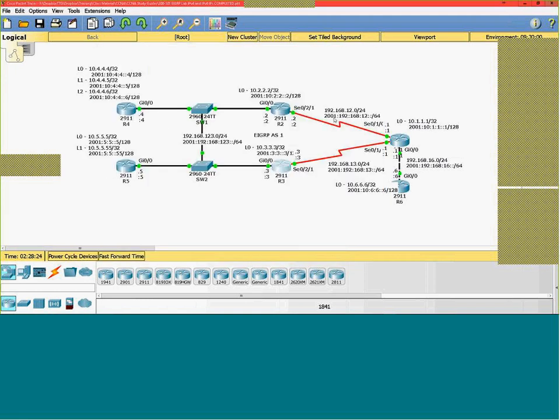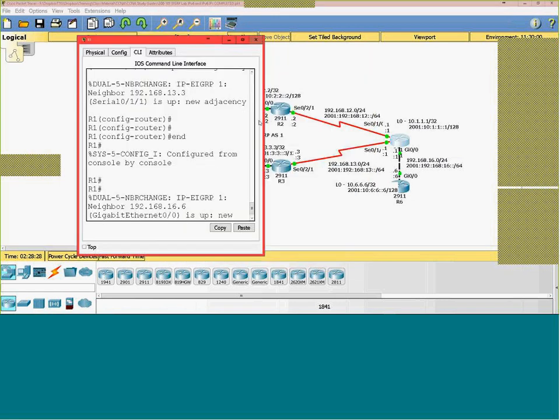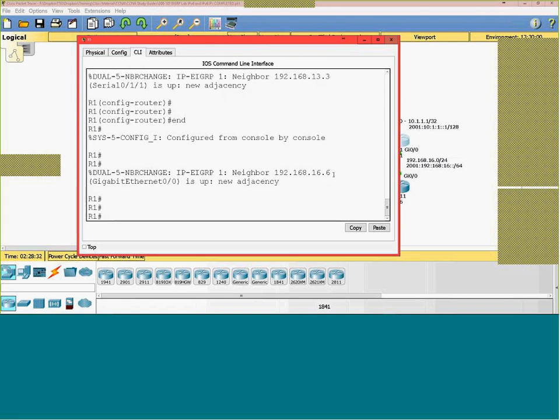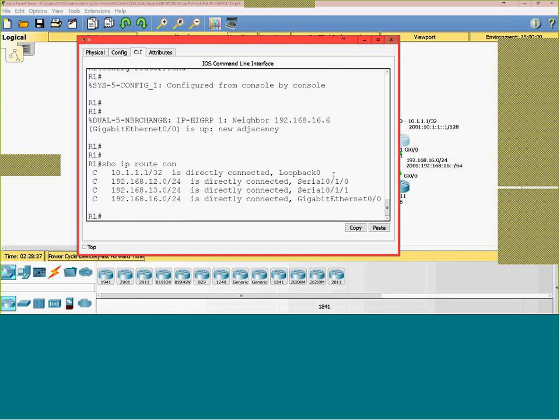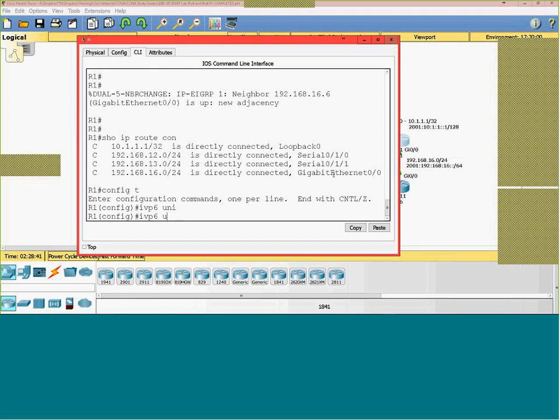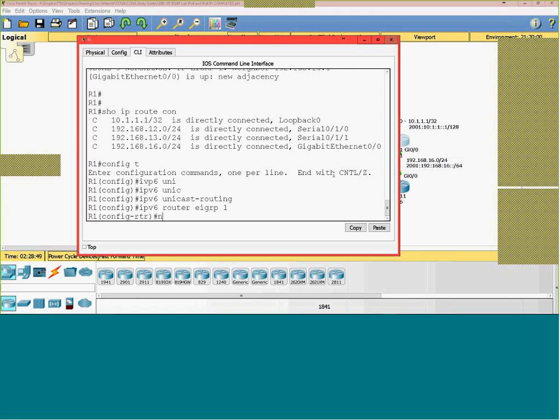Yeah. No problem. All right, router 1. Let's see. Show IP route connected. Config T, IPv6 unicast routing. IPv6 router EIGRP1, no shut.